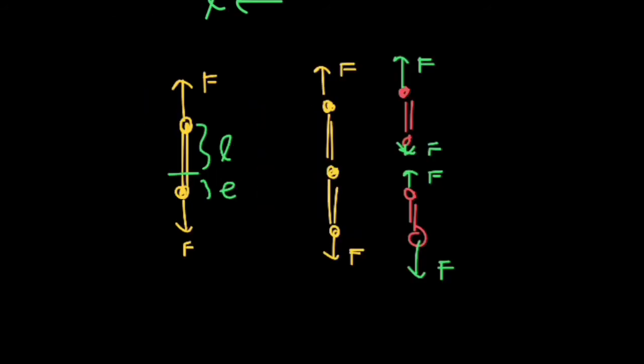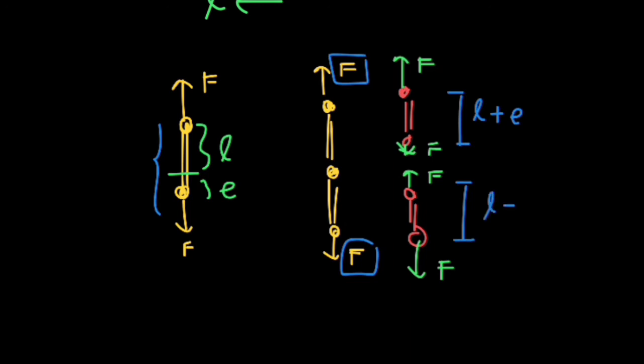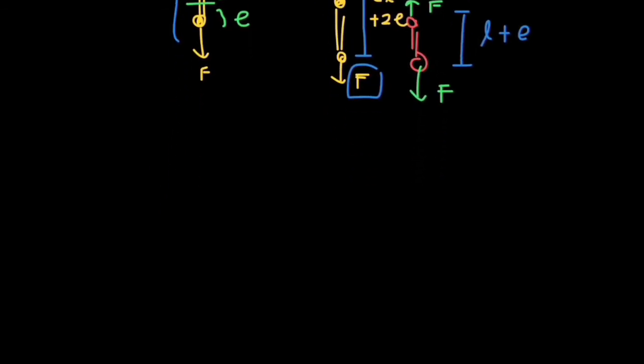So now you must be able to see that you have applied the same force in either direction. Here the length is L plus E, and this length is L plus E. Therefore the total length is 2L plus 2E. This is an important idea.